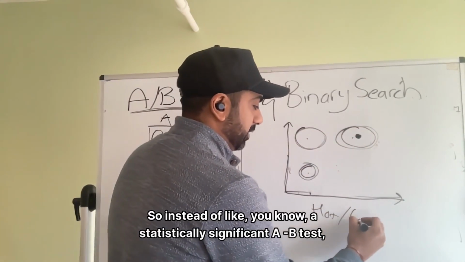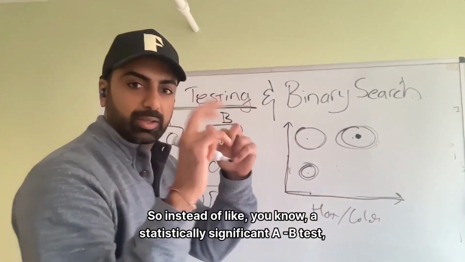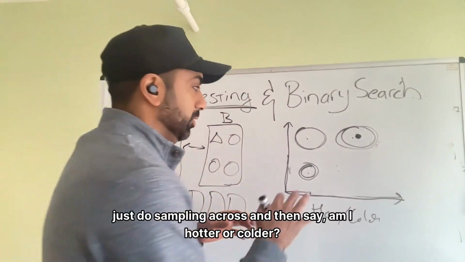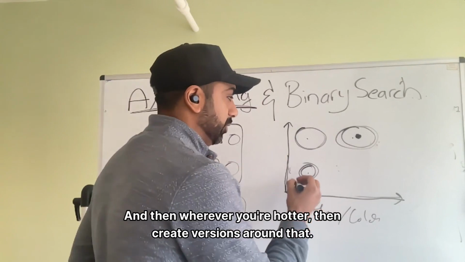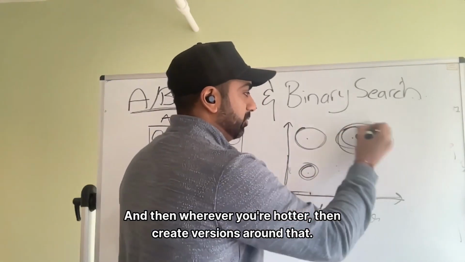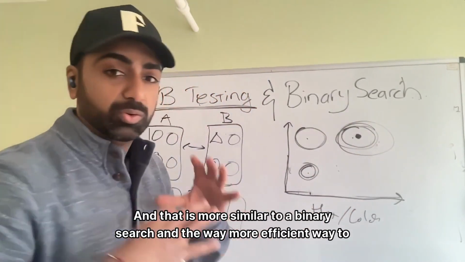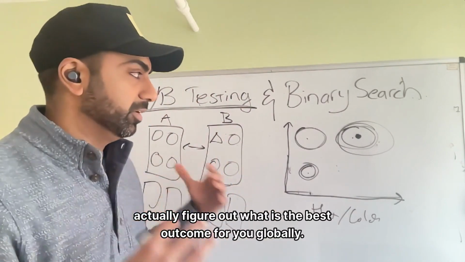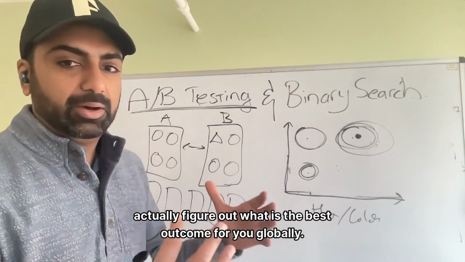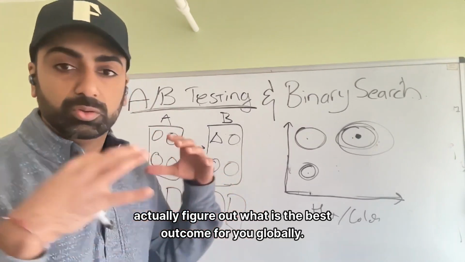So instead of a statistically significant A/B test, just do sampling across and then say, am I hotter or colder? And then wherever you're hotter, create versions around that. That is more similar to a binary search and a way more efficient way to actually figure out what is the best outcome for you globally.